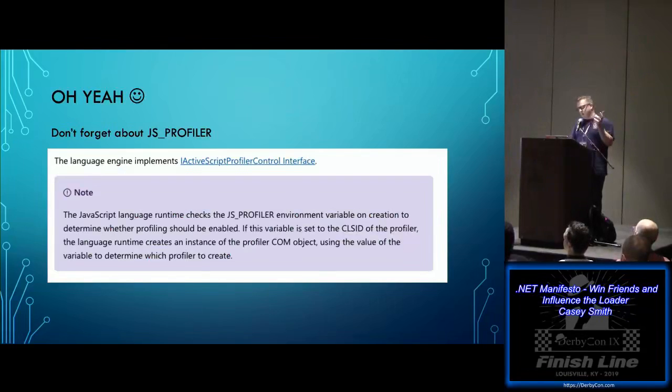There's another one kind of related to .NET, JS Profiler. Some of you may have heard of this. If you like JavaScript and debugging JavaScript, there's a really cool environment variable called JS Profiler that will load anytime a script host starts. That's also interesting, especially if you're doing dynamic analysis or want to collect some data about a script, but also interesting if you wanted to inject a script or a DLL into any script that ran.